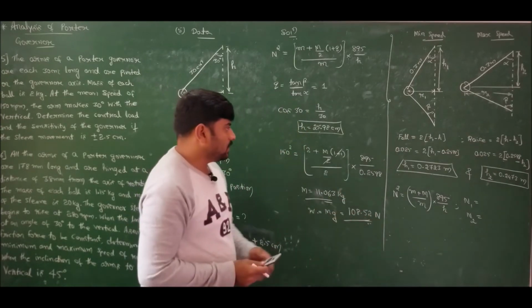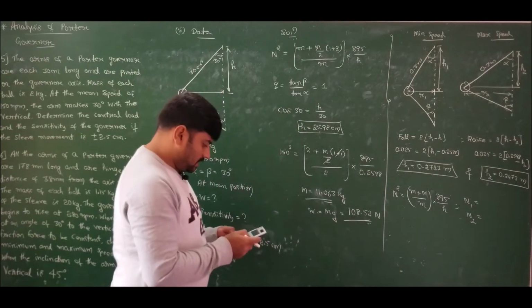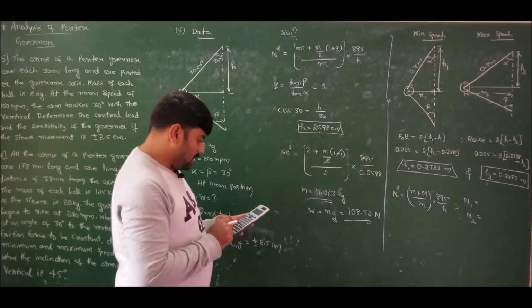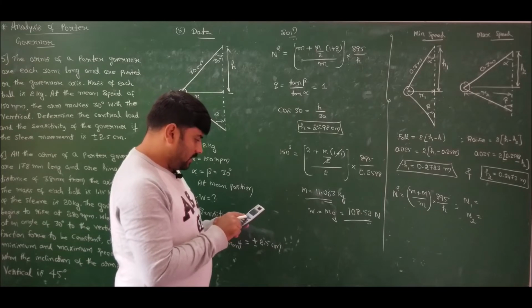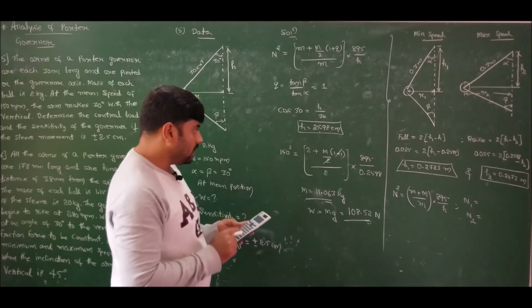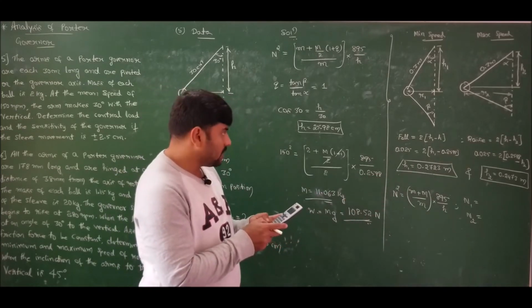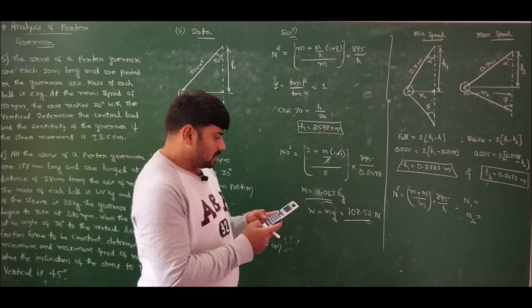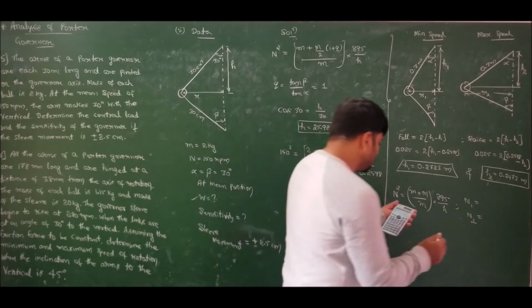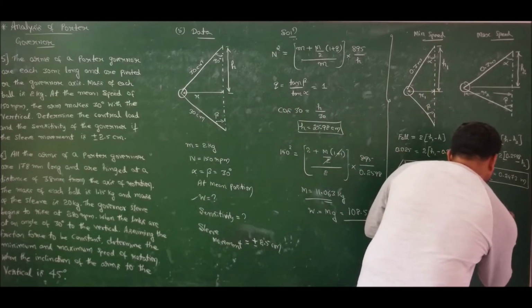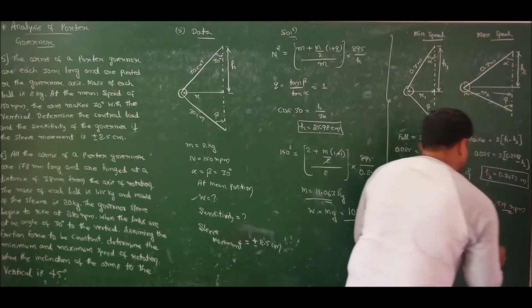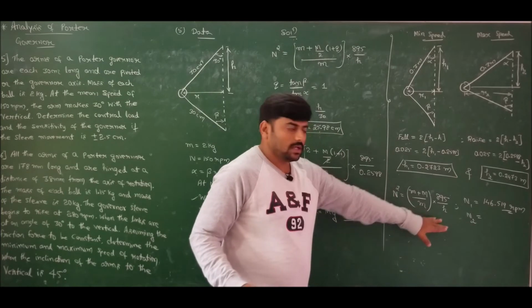Now if I substitute h1, I will get n1. m is 2 kg, capital M is 11.063, so (2 plus 11.063) divided by 2 into 895 by h1, and h1 is 0.2723. So I got the value of n square. The root of the answer will give us n1. So n1 turns out to be 146.519 rpm.